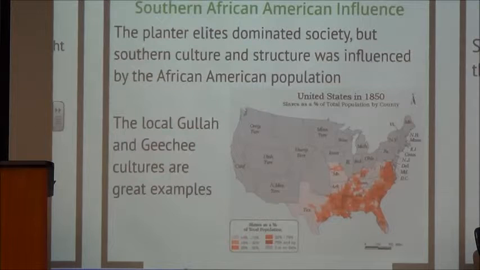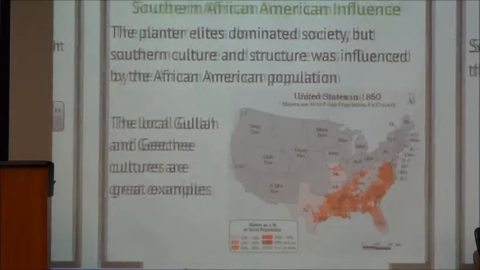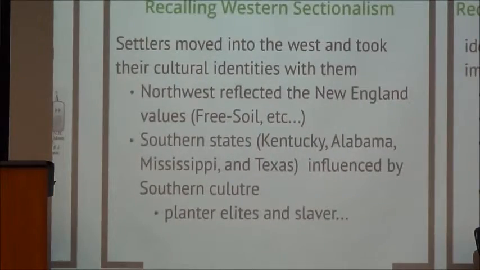Not a lot of it, but enough that we do have this really interesting culture starting to develop. You guys may be familiar with this as the Gullah and the Geechee, usually a little bit more north near Charleston, but it was also here in the plantation settlements, the rice plantations.